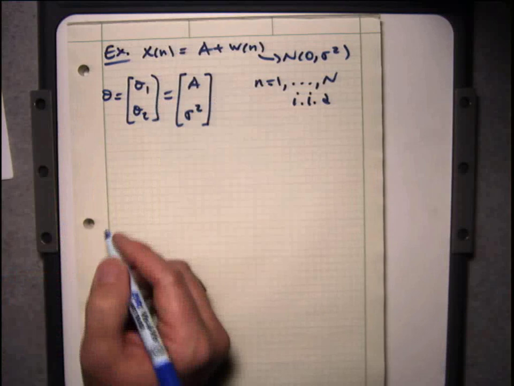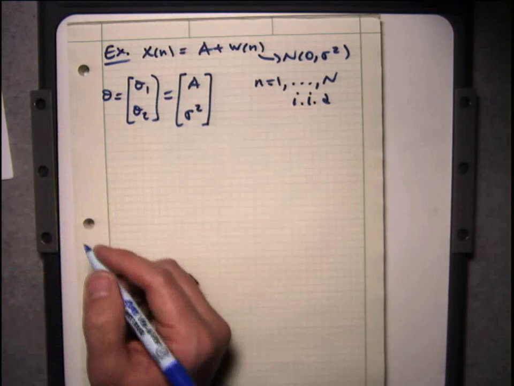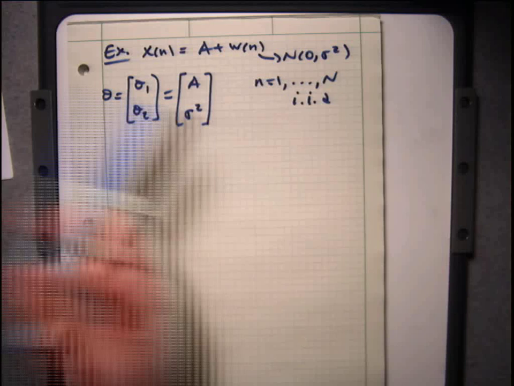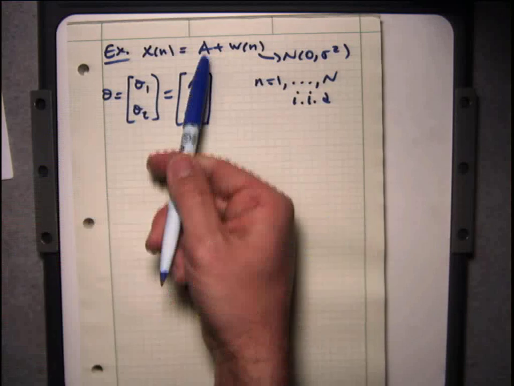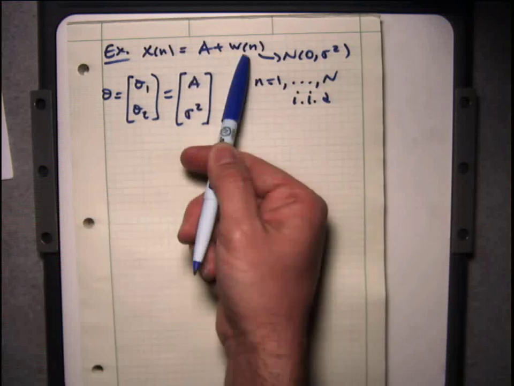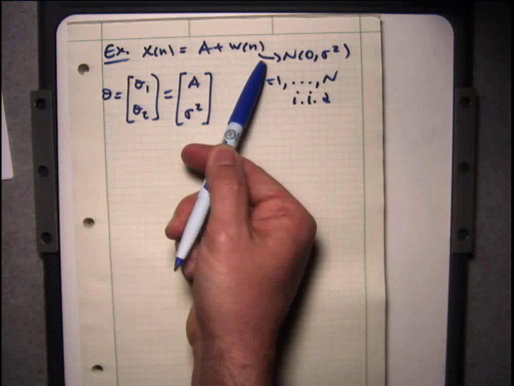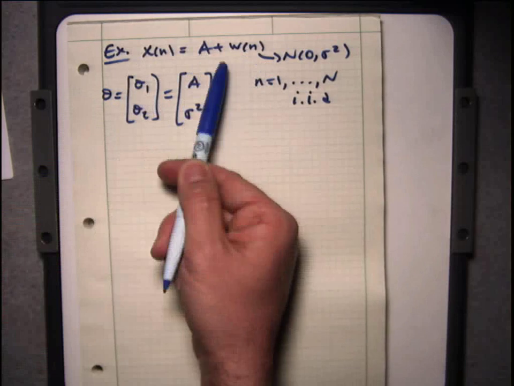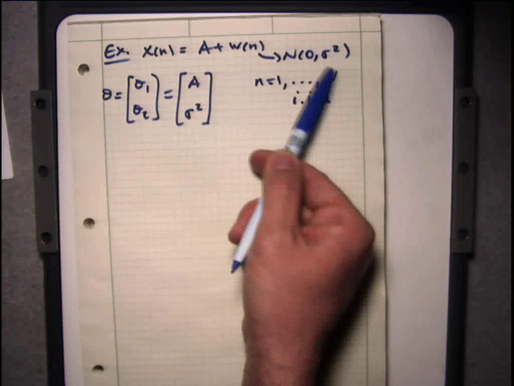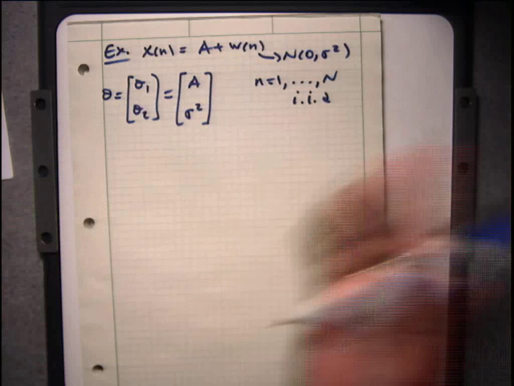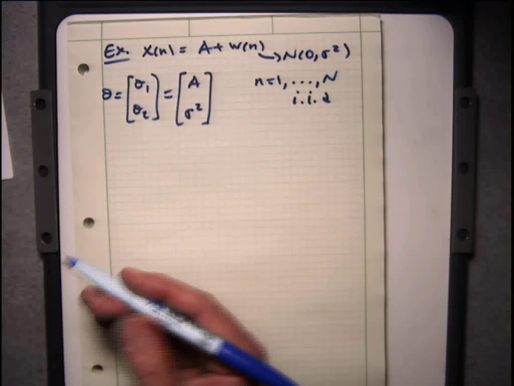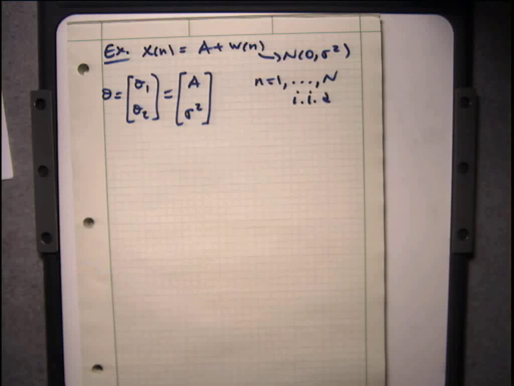If you want to think of it differently, you could absorb A into w and think that you're measuring noise with mean A and variance sigma squared, both unknown. You're making a bunch of measurements and trying to find the mean and the variance of noise measurements.